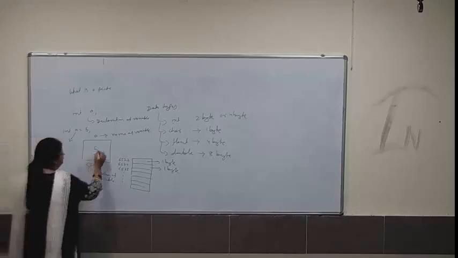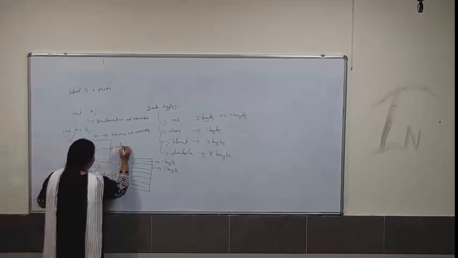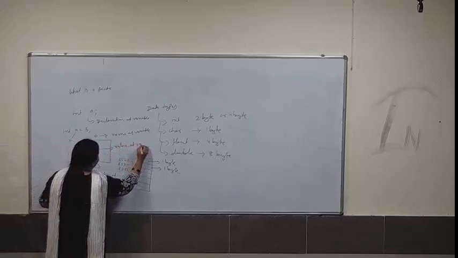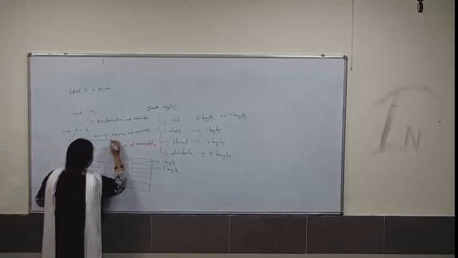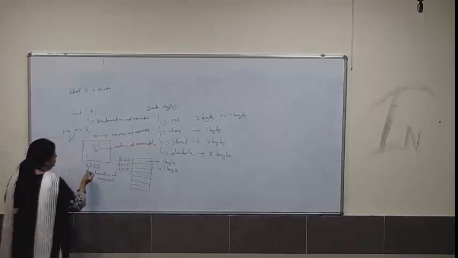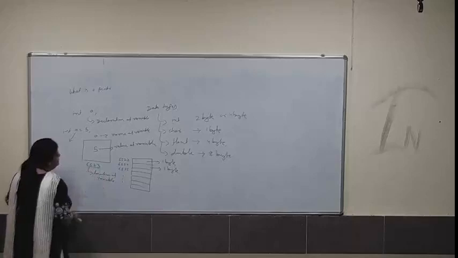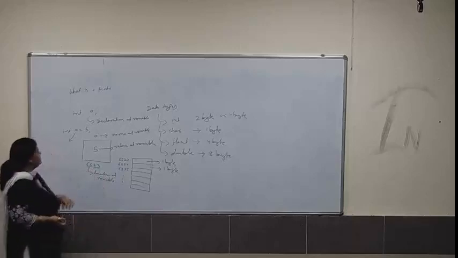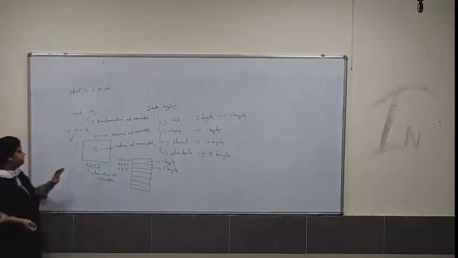So this is called the value of the variable, and this one is the name of the variable. This one is the location of the variable. Whenever we declare any variable, we get three things: name of the variable, value of the variable, and location of the variable.